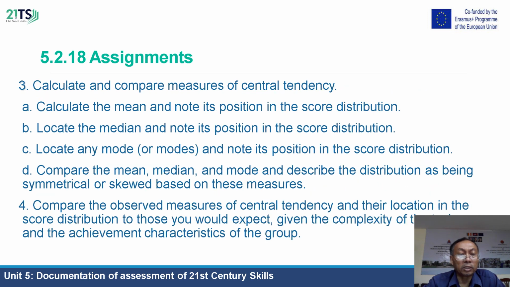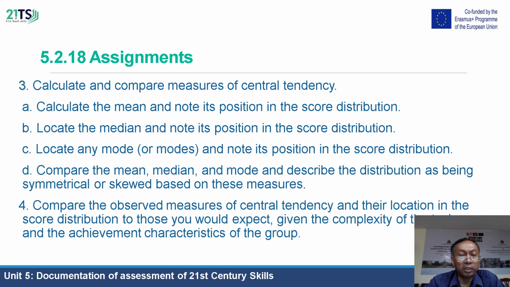3. Calculate and compare measures of central tendency. A. Calculate the mean and note its position in the score distribution. B. Locate the median and note its position in the score distribution. C. Locate any mode or modes and note their position in the score distribution.